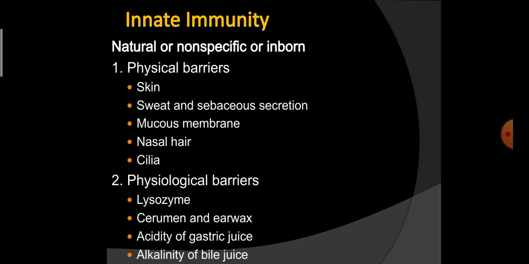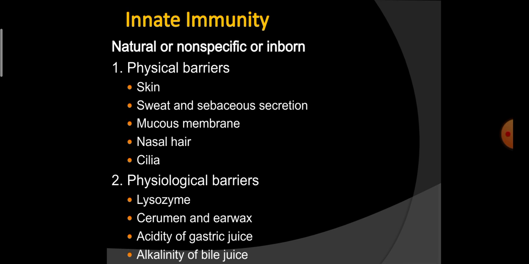Okay. Now we have physiological barriers. So these basically contain some secretions or productions. So they have the lysozymes which are produced by saliva, mucus and tears. They have bactericidal effects which break down the bacterial cells.